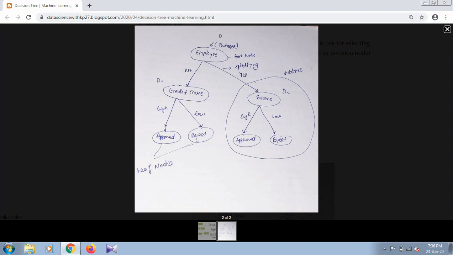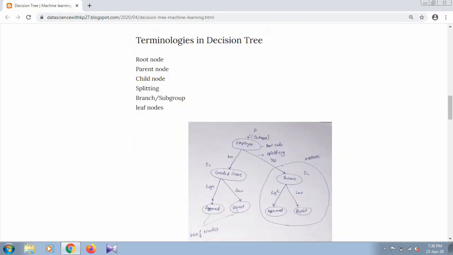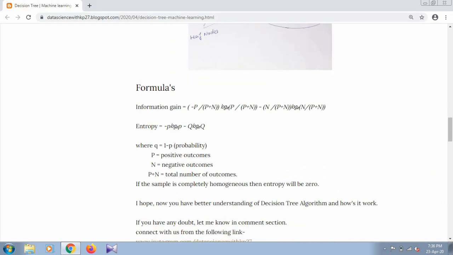Now I am checking whether this subtree satisfies all the requirements. Yes, income is the root node for this subtree, this is the child, this is the parent, and these two arrows show a splitting. So yes, this is a subtree, or we can say a branch of this whole tree. So this is all about the terminologies and the working of a decision tree algorithm.